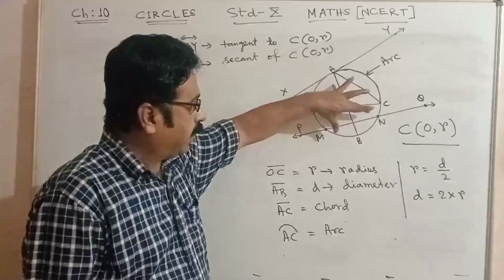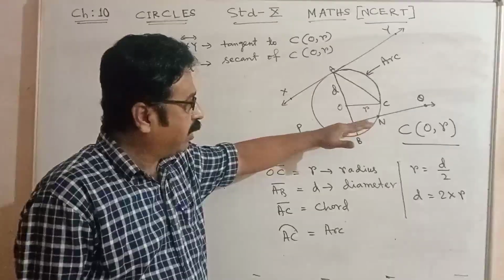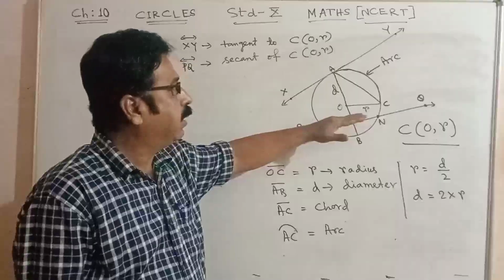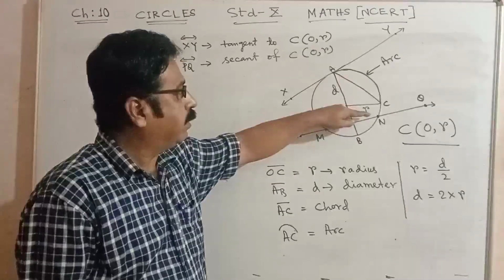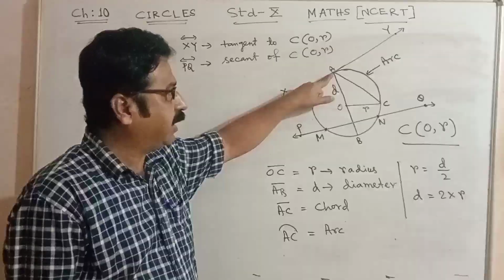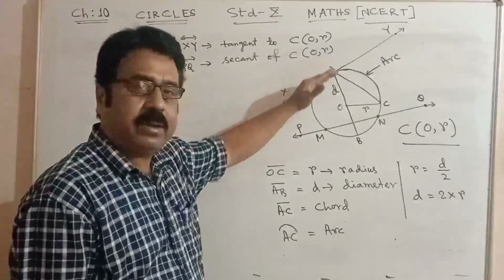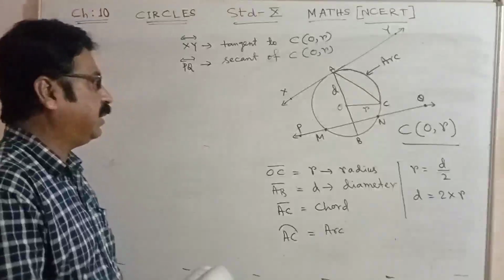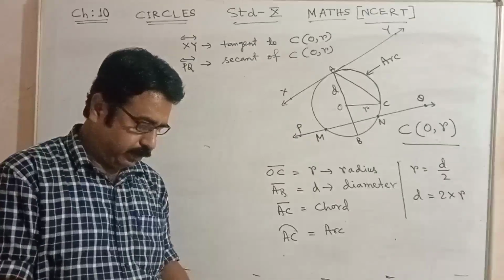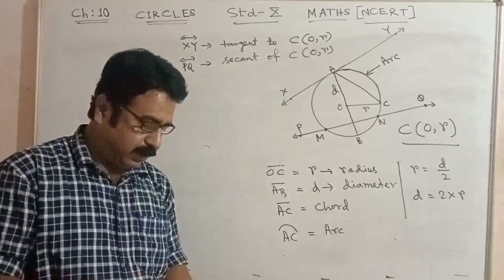When the length of this chord diminishes and points M and N coincide at a single point, that is the point A here, then it will become a tangent. It is a special case. Approximately all the points we have discussed.